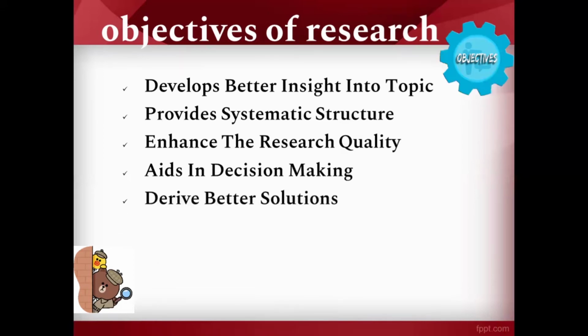The next objective, student, is derive better solution. अब derive better solution का मतलब ये है कि जो भी आपका रिसर्च टॉपिक है उसके ऊपर आपको एक प्रॉपर तरीके से एक सॉल्यूशन निकालना आना चाहिए. उसे ही हम लोग बोलते हैं that finding the truth, means research methodology helps you in deriving the crucial findings for solving all your research problems.